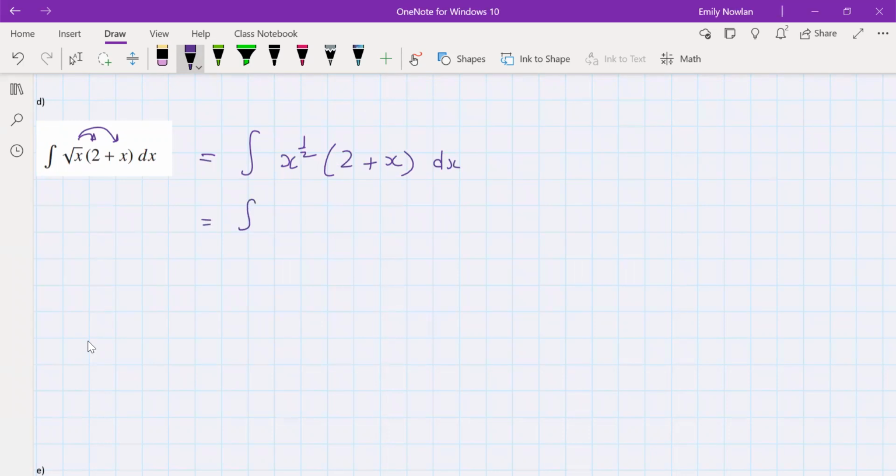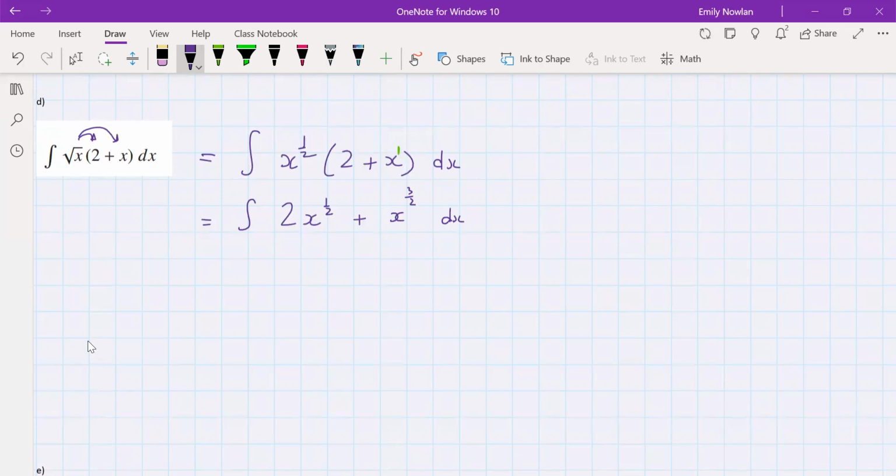So remember that I have a power of 1 here because when I multiply bases that are the same, I add my powers. So I start off with x to the half times 2 is 2x to the half plus x to the half times x to the 1. What do I do with the powers? I add them together. So half and 1 is 1.5 or 3 on 2.